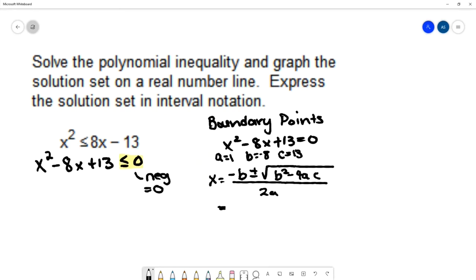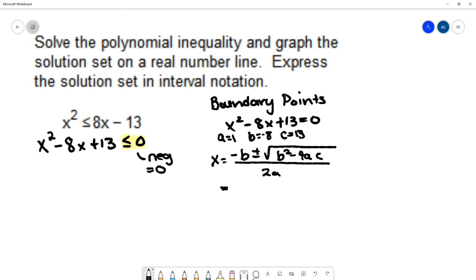We'll substitute those coefficients into the quadratic formula to give negative 8 plus or minus the square root of negative 8 squared minus 4 times 1 times 13, all over 2 times 1.